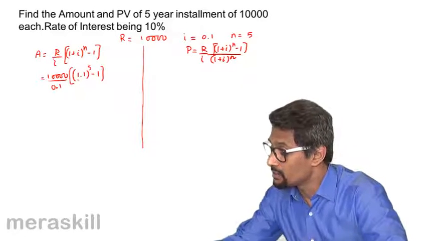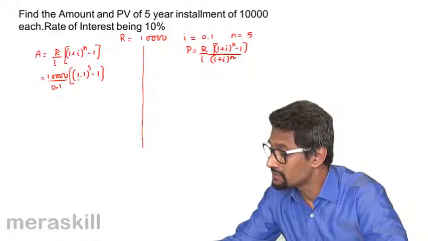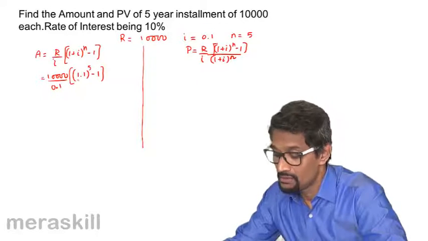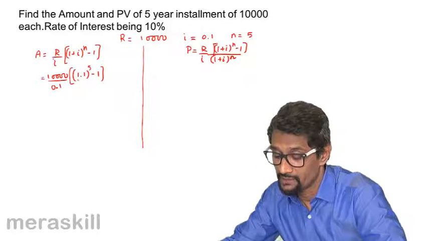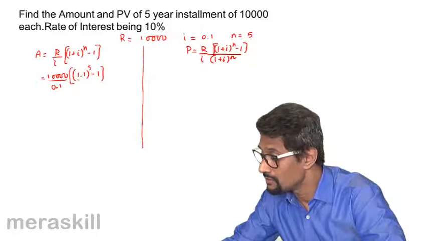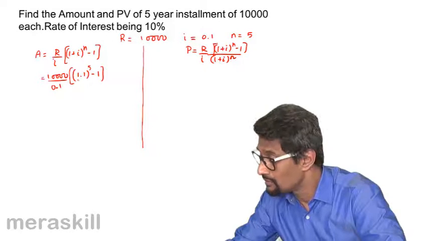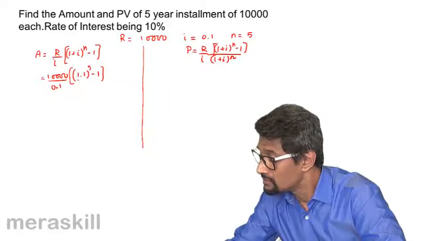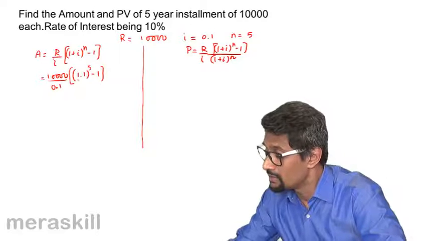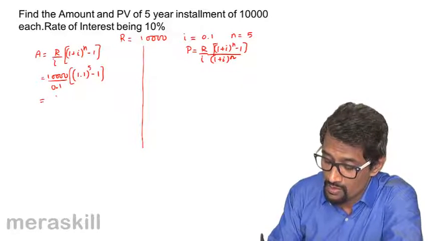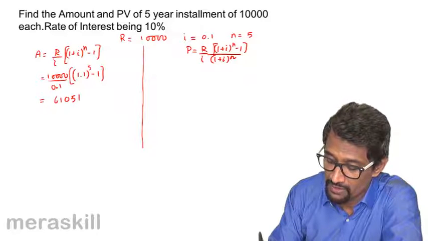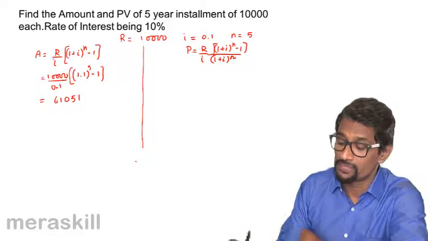So 1.1 into 2 times, 3, 4, 5, minus 1, into 10, and it turns out to be 61,051. This is the future value of these deposits.